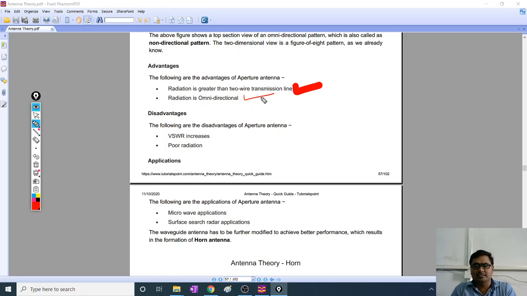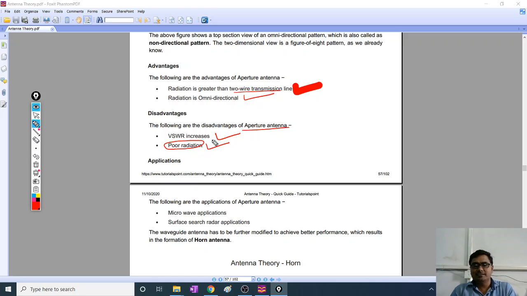So I am putting it as an advantage or benefit. So what are the disadvantages? VSWR is very high and obviously it has poor radiation. See, greater radiation as compared to a 2-wire transmission line, but it is a poor radiator if I am saying it as an antenna. So what are the applications?